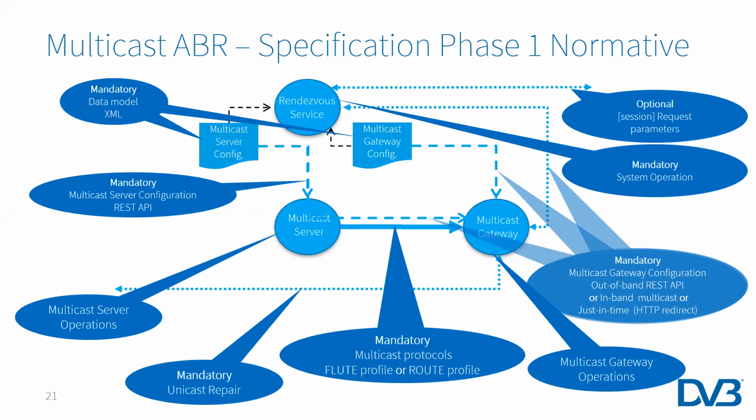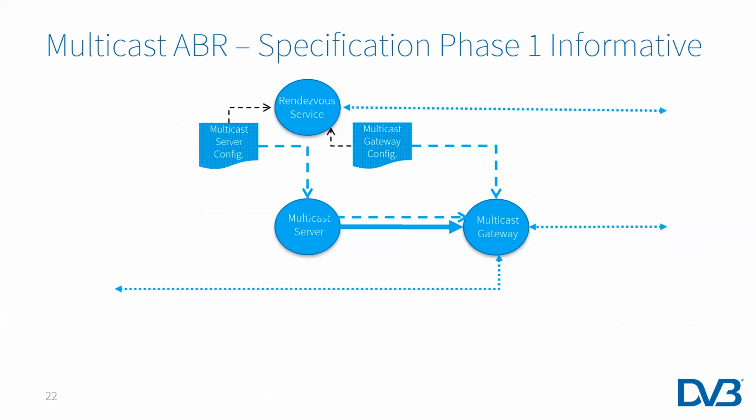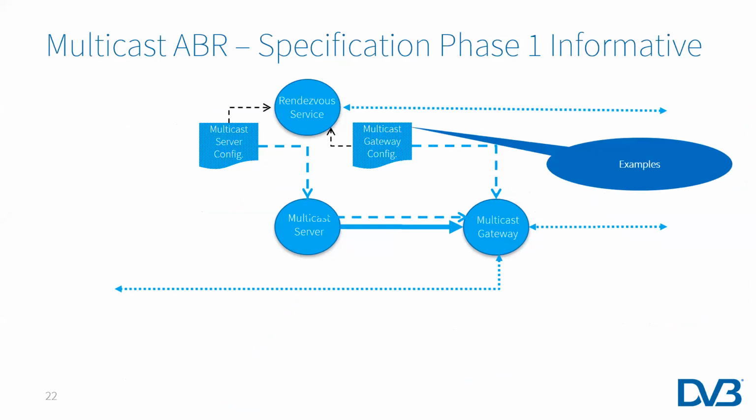We have then multicast server operation. We don't give anything about implementation, but about operation: what the duty of the multicast server is, and what the multicast gateway has to do to allow and enable correct operations. We also have an informative part, where we give examples of how to write a multicast gateway configuration or a multicast server configuration.